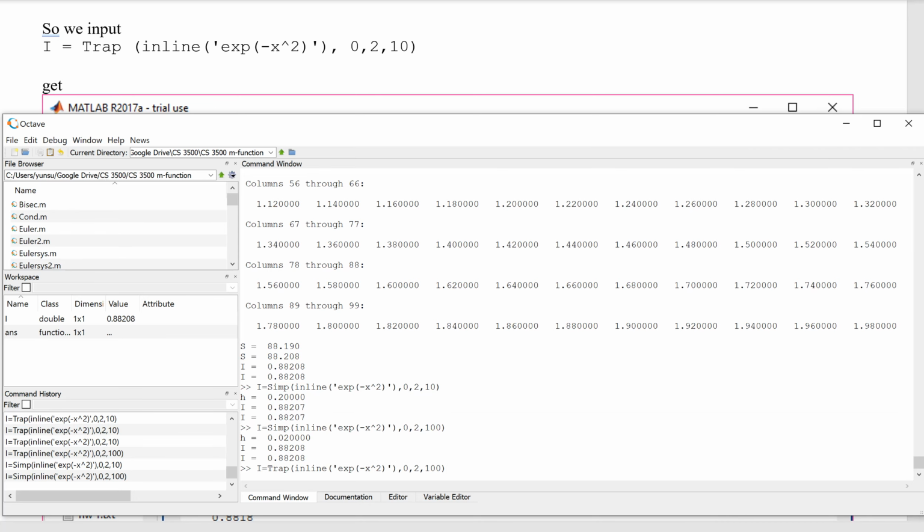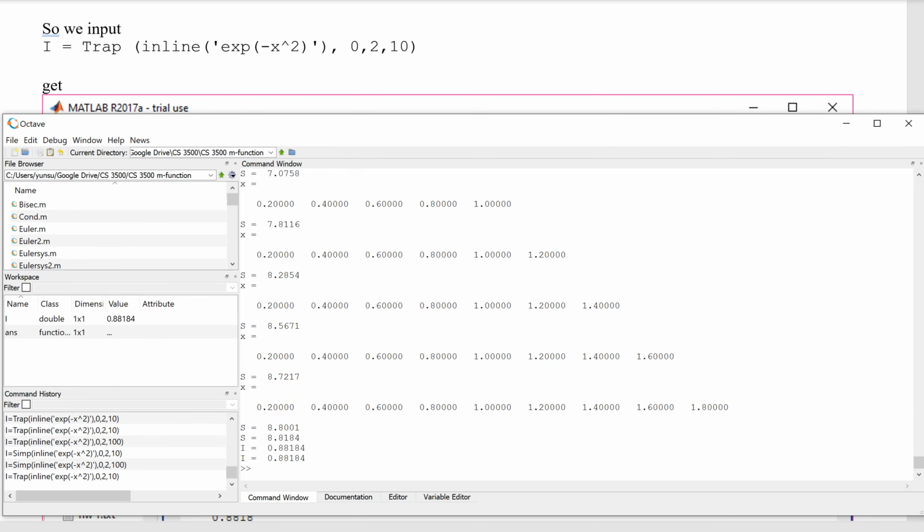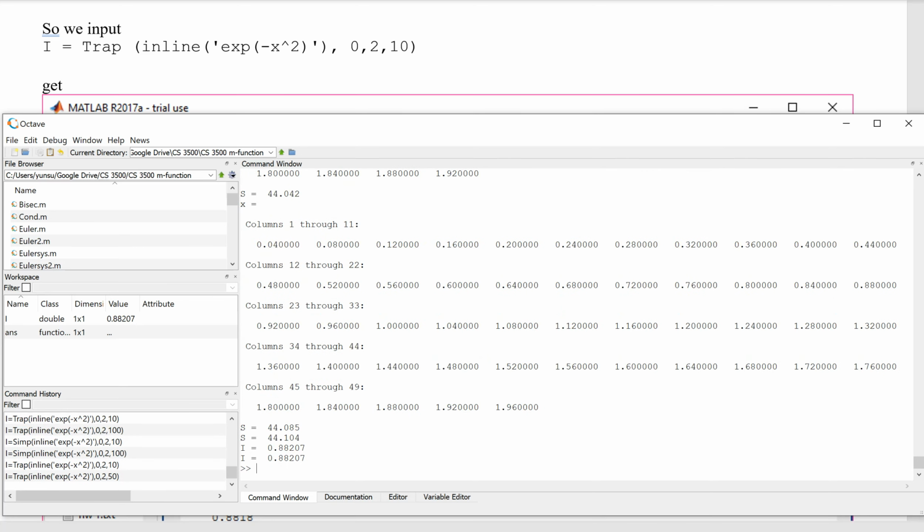However, for the trapezoid method, we only get 0.8818. If we use 50, then we get 0.88207. So Simpson's method is more accurate than the trapezoid method because it uses quadratic polynomials to approximate, while the trapezoid method is just like a secant line.